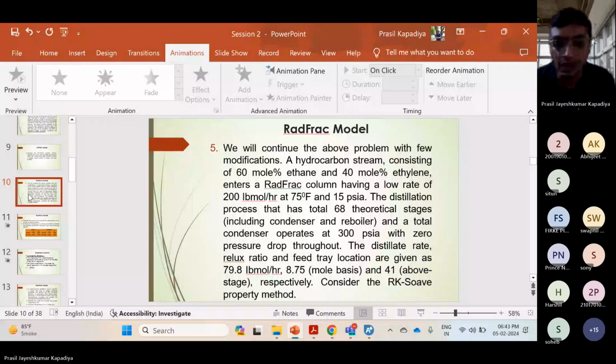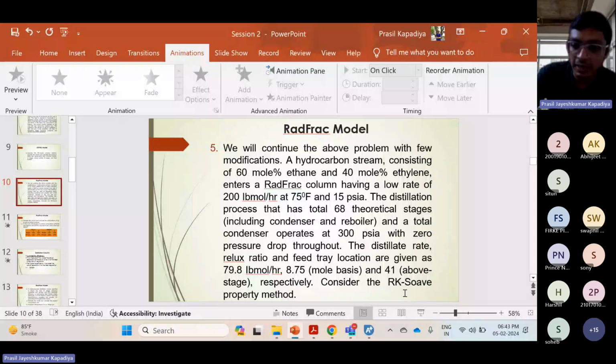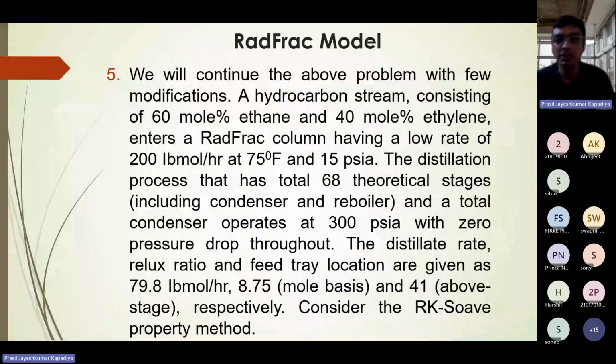So we will continue the above problem with a few modifications. A hydrocarbon stream, same problem. A hydrocarbon stream consisting of 60 mole% ethane and 40 mole% ethylene enters a RadFrac column having a flow rate of 200 pound moles per hour at 75 Fahrenheit and 15 psia.